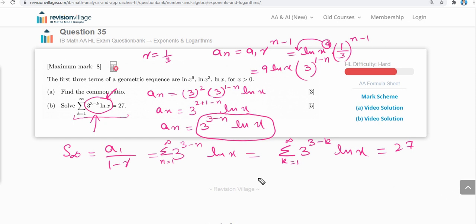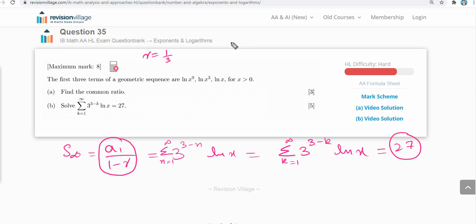So from here we can say that a_1 over 1 minus r is equal to 27. I'll just remove all the working and put a_1 over 1 minus r equals 27, and from there onwards I'll work out the value of x.